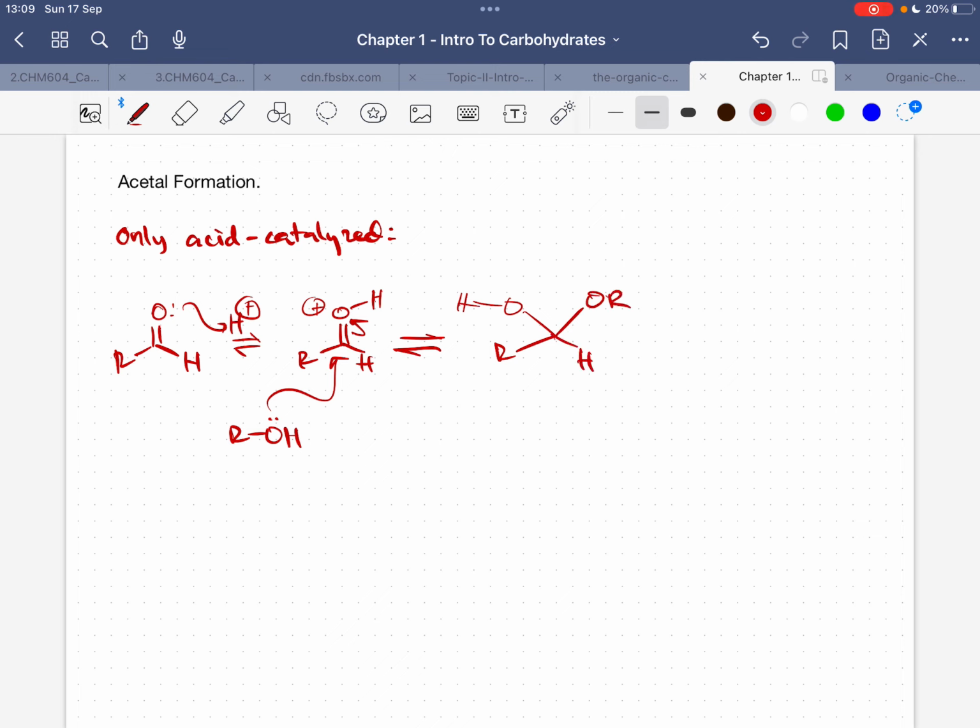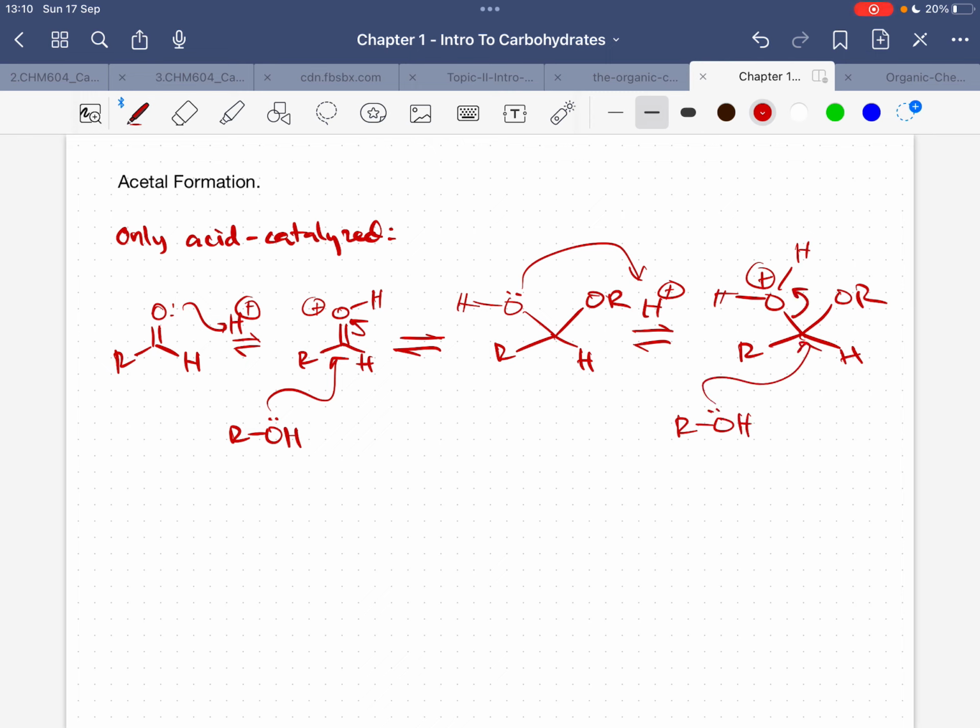OR. Okay, so this is the second catalysis step. Another, this oxygen here from the tetrahedral intermediate will be protonated further, and this becomes a good leaving group now. So if there is another alcohol here, a second alcohol molecule will attack, and this comes off as water.